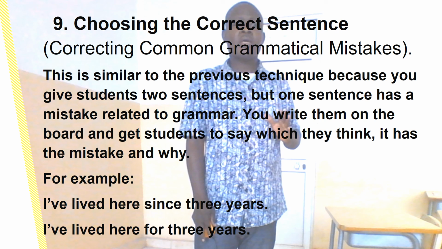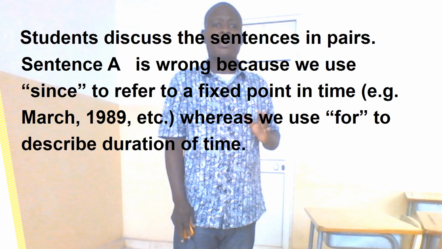Students discuss the sentences in pairs. Sentence A is wrong because we use since to refer to a fixed point in time, for example March 1989, etc., whereas we use for to describe a duration of time.